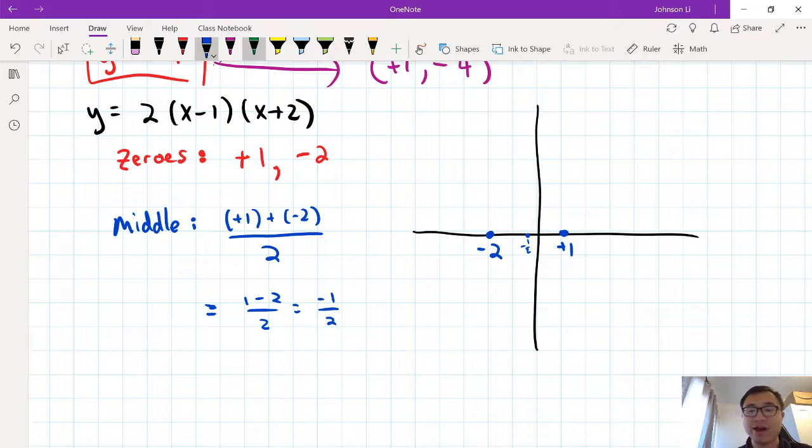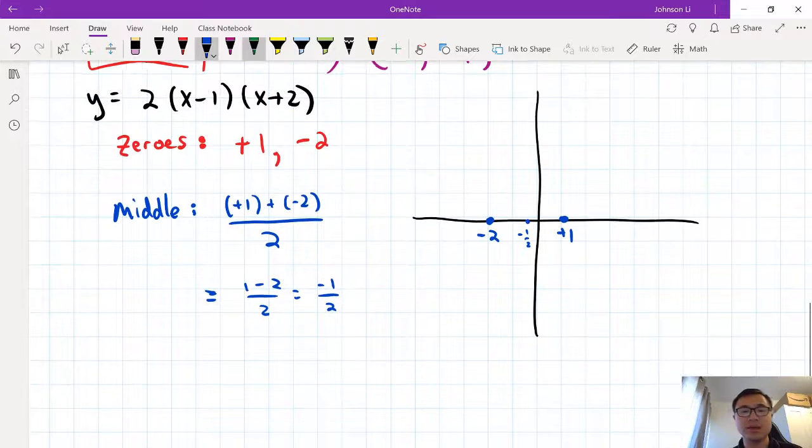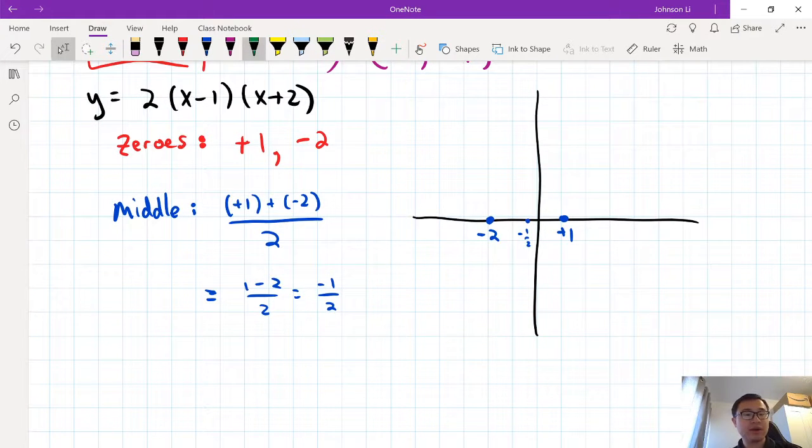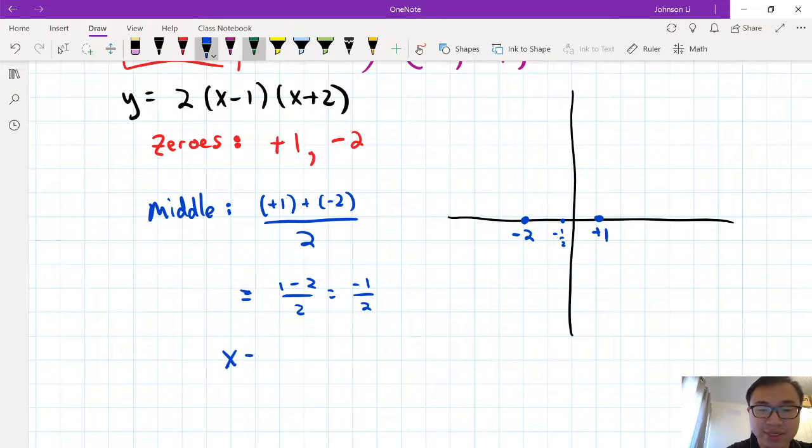That is negative a half, and therefore this middle value will be negative 1/2. Now what do I do with this middle value? Well, I would set that as my x. So I set x as negative 1/2, and this gives me the y value to find my vertex.